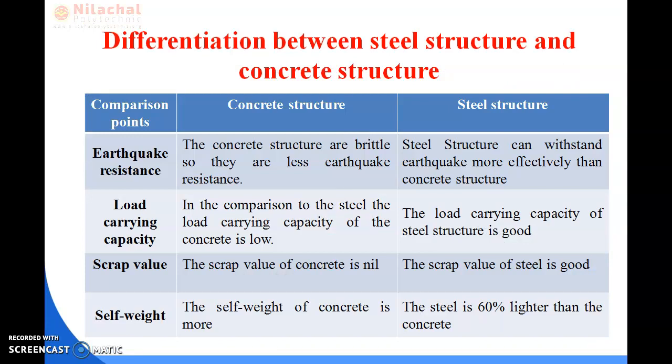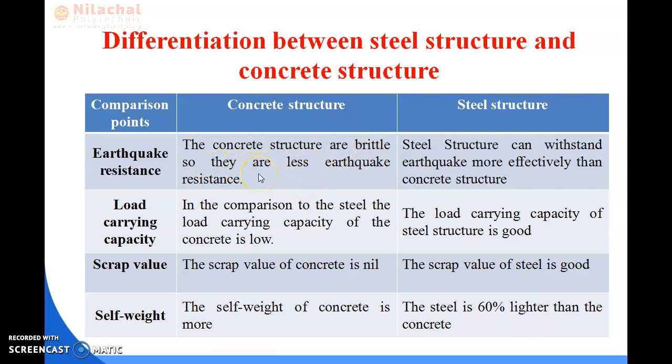So why do we take steel structure instead of concrete structure? There are many merits of steel structure as compared to concrete structure. The first comparison point is earthquake resistance. Concrete structures are brittle, so they have less earthquake resistance.